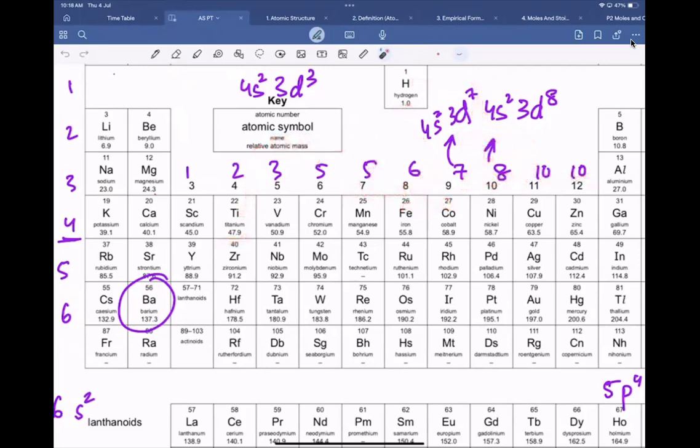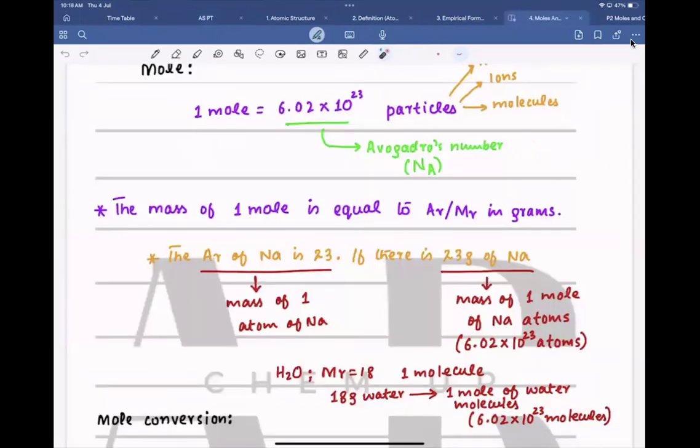Okay. Now, there is another example. If you look at water, what is the relative molecular mass of water? 18. With no unit, right? It's just 18, right? So it means it is the mass of one molecule. Is it understandable?